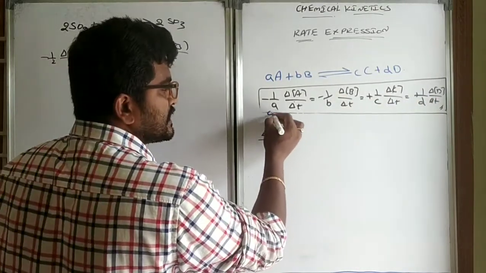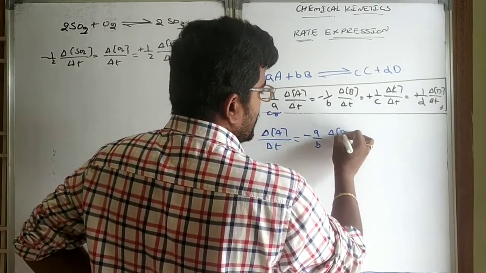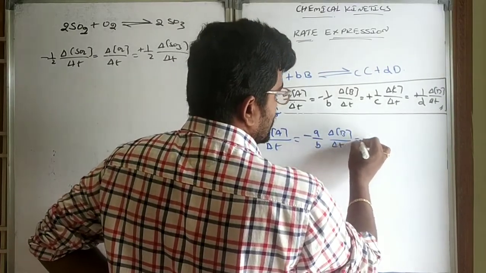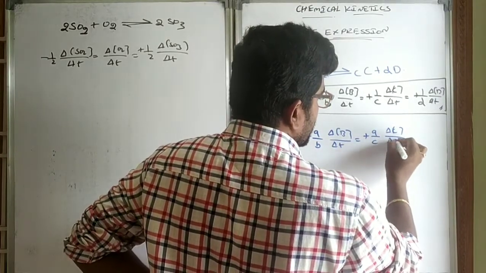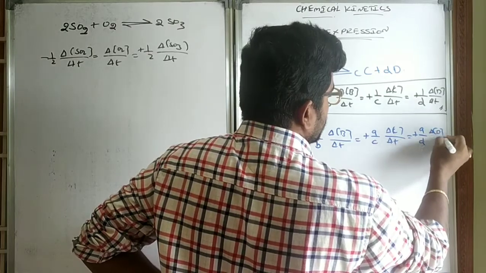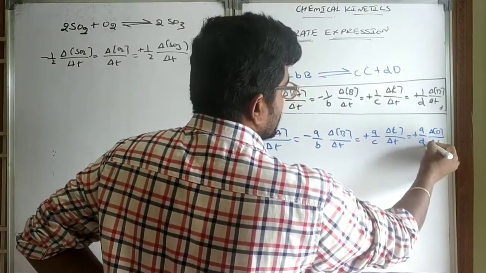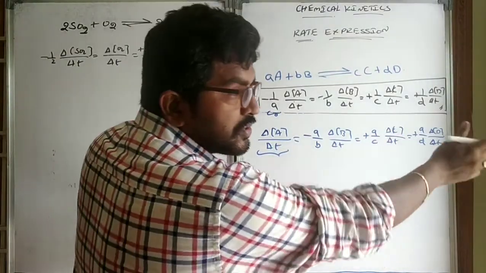How? This A will go and multiply here. So minus A by B delta B by delta T plus A by C delta C by delta T plus A by D delta D by delta T. Like this we can write the change in concentration of A with respect to others.